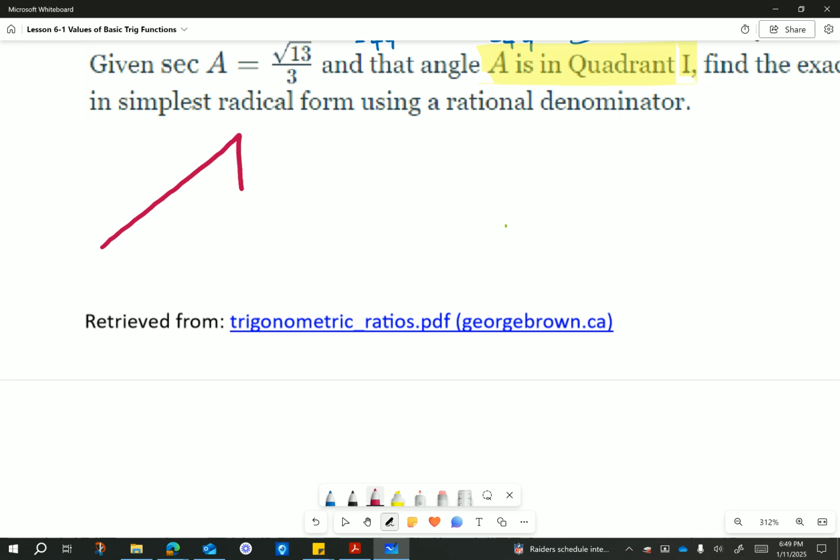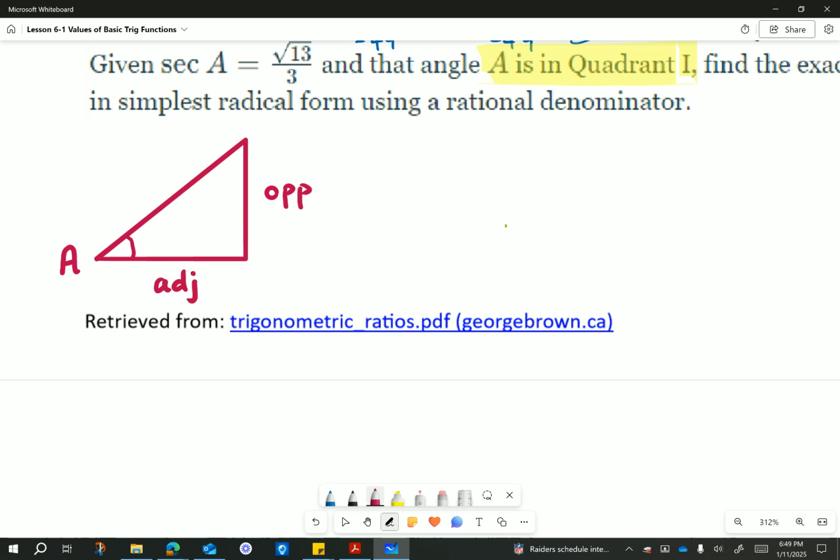The first quadrant triangle looks like this. We know that this right here is going to be capital A. I know this already is the OPP. The ADJ is this leg. And I know this one here is my hypotenuse. So what was given to me? Well, the secant of A is the square root of 13 over 3.